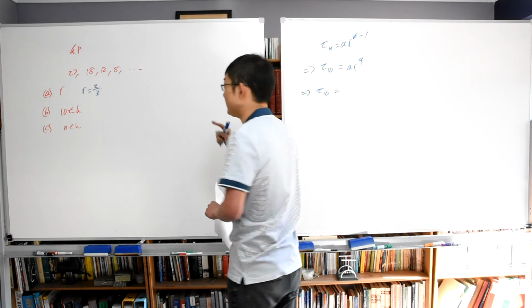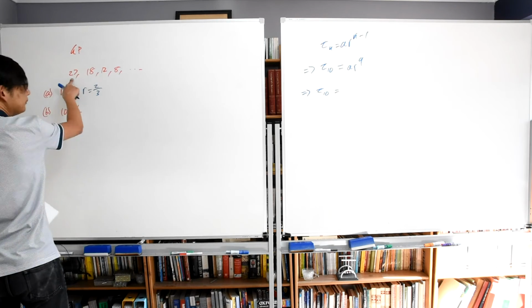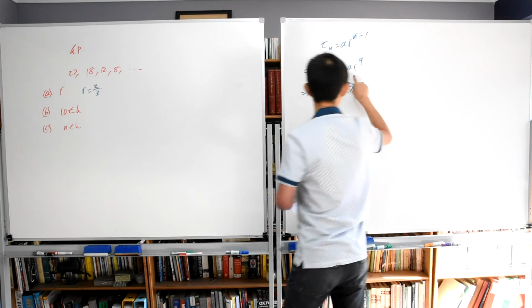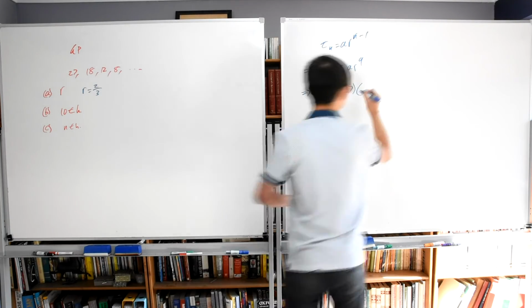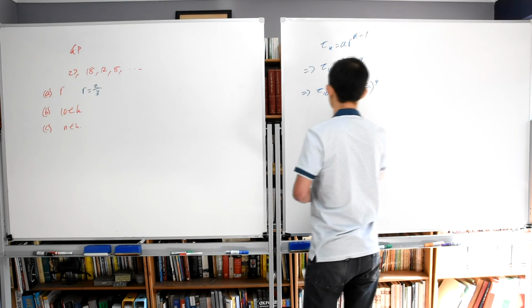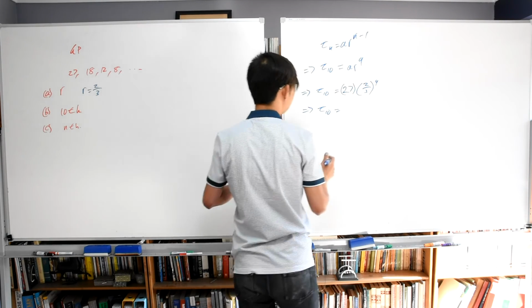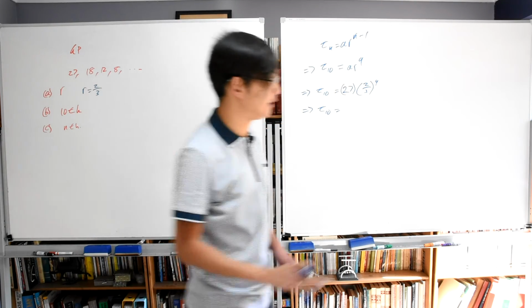The very first term of this entire progression is going to be 27. And what is the common ratio value? 2/3. And we could leave it like that actually, but let's actually calculate it out.